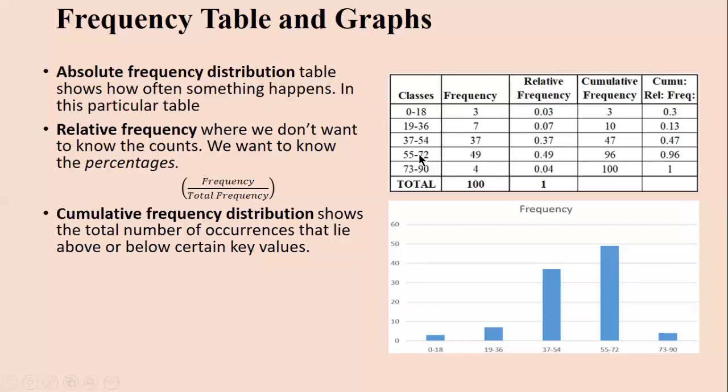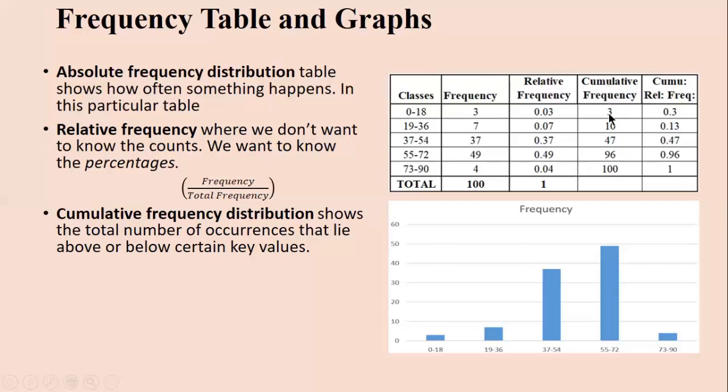Similarly, when the fourth class comes into the scene, 49 more observations are added to the group. So that becomes 96 in total. It means 96 observations are contained in these four groups. And similarly, when the last group comes in, four more observations are added, and that's how we can see that all the 100 numbers are contained in all these groups.